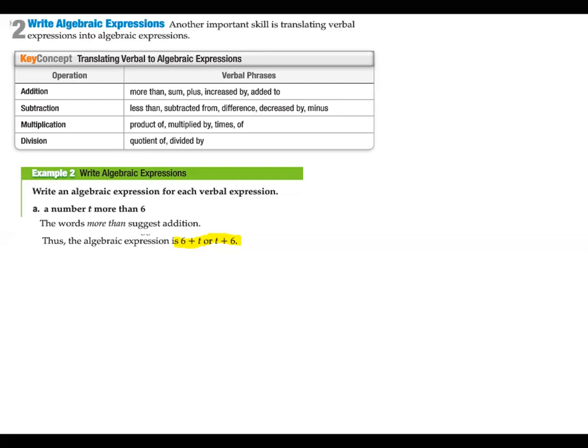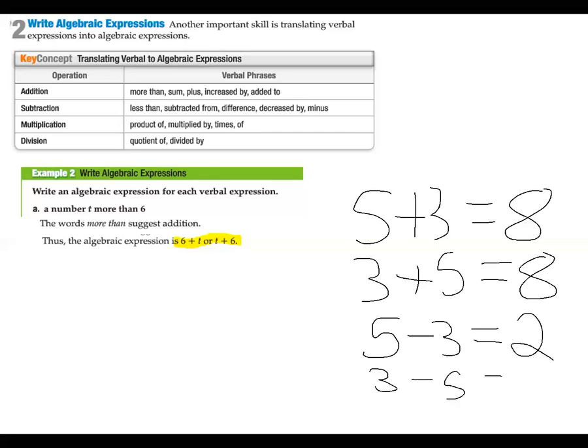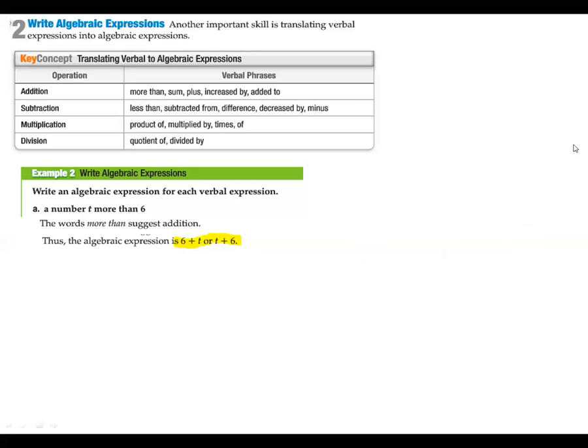For example, 5 plus 3 equals 8, and 3 plus 5 equals 8. You have to be careful with addition or subtraction. If this was subtraction, 5 minus 3 equals 2, but 3 minus 5 is negative 2. So with addition, it doesn't matter.